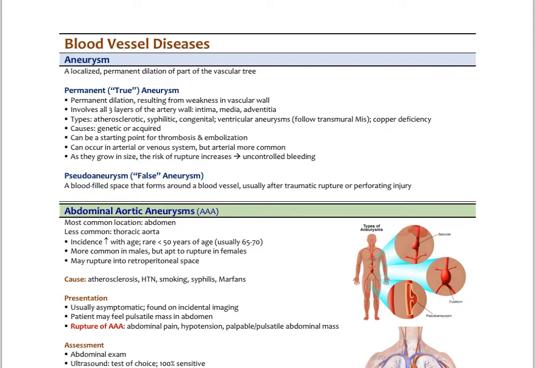And one of the most common predisposing risk factors for that is atherosclerosis, but it can happen because of genetic reasons. There's other different things. For example, we suspect maybe copper deficiency in some people might lead to a weakened wall and so forth. So the wall basically dilates, and this can potentially rupture.